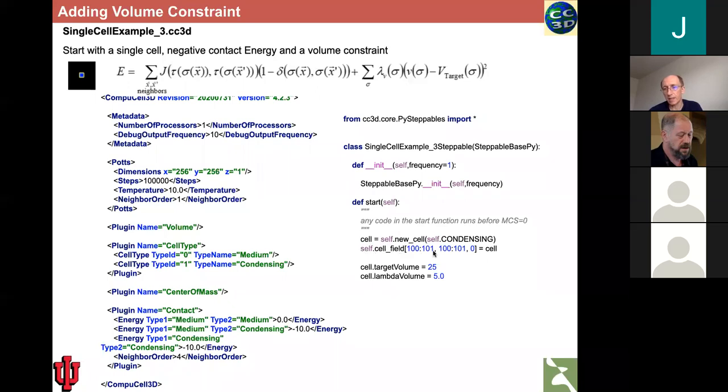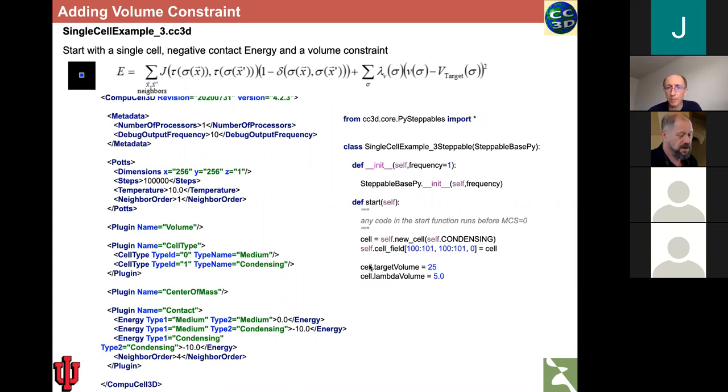Then in the next line, I'm taking the cell field and populating pixels between 100 and 101 in the X direction and between 100 and 101 in the Y direction with the cell. So essentially I'm laying out cells on the lattice. In this particular case, I'm only assigning a single pixel because I'm going from 100 to 101. If I went from 100 to 110 in both directions, my cell would be a square, 10 by 10. But here it will end up being a pixel.